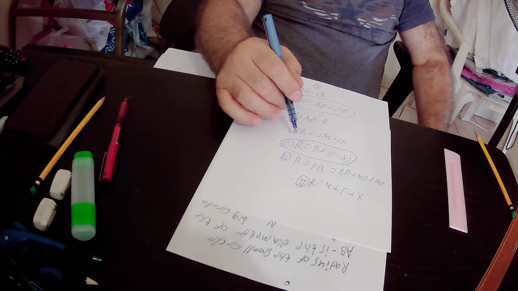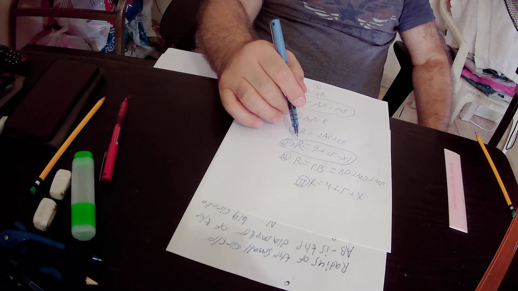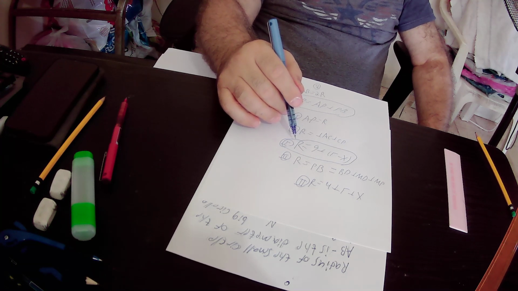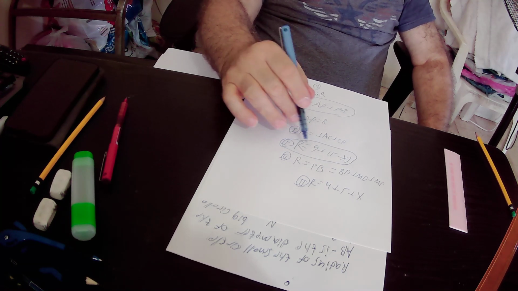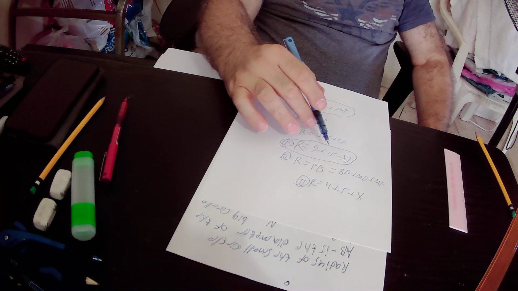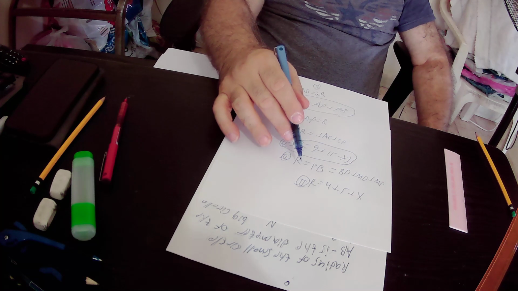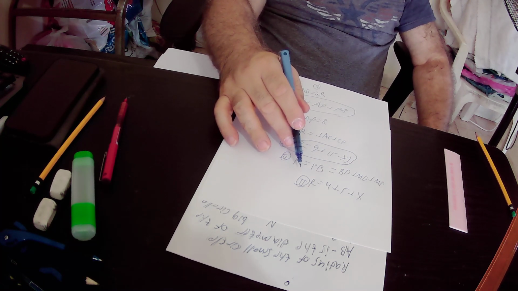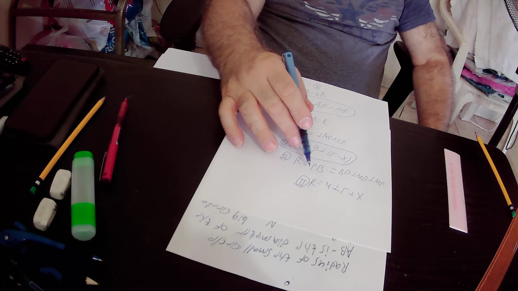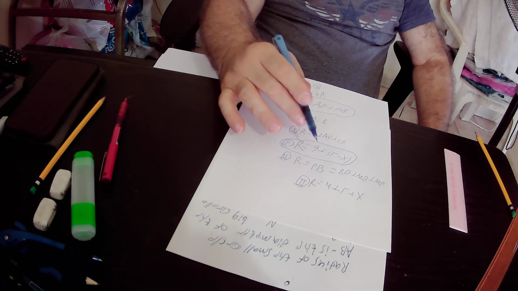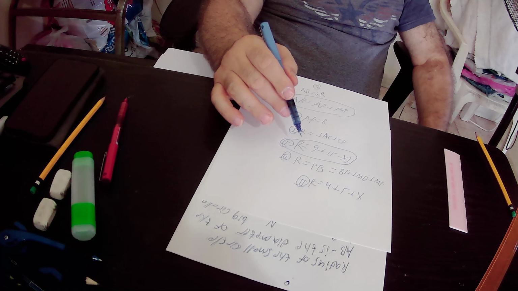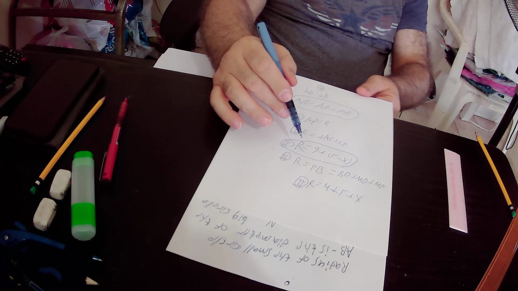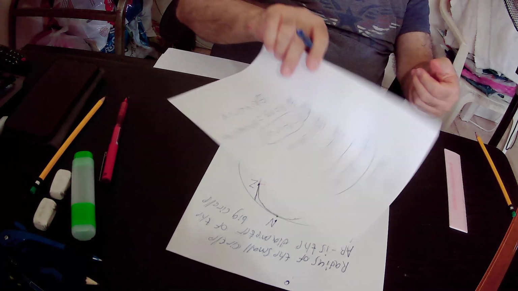And we have already calculated the radius of the circle in a different way. According to equation number 1, the radius of the circle is 9 plus r minus x, and according to equation number 2, the radius of the big circle is 4 plus small r plus x. So we can compare equation number 1 to equation number 2.